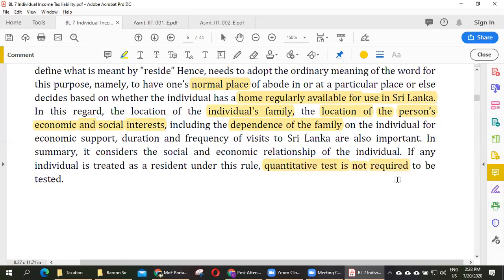So, for example, Mr. Kumar has maintained a very close relationship with Sri Lanka, but he is now residing in Australia. He is living in Australia, but he is maintaining a very close relationship, right? Every day, or very frequently, he is in contact with his family members and his friends, and he is maintaining clubs in Sri Lanka.